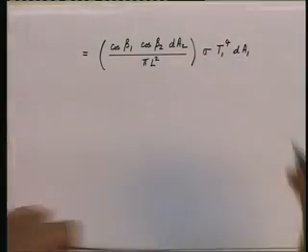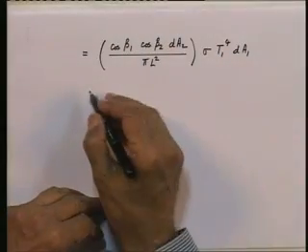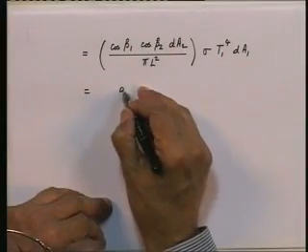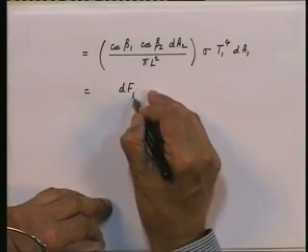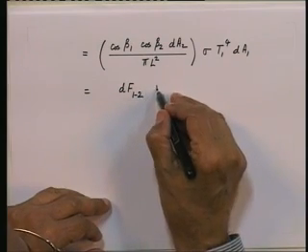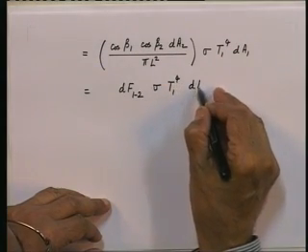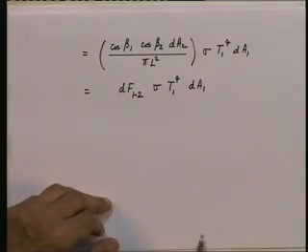I have just rewritten the same expression in another manner. And the quantity within the curved brackets, I am going to indicate by the symbol dF 1 to 2, and say that is equal to dF 1 to 2 sigma T1 to the power of 4 dA1.